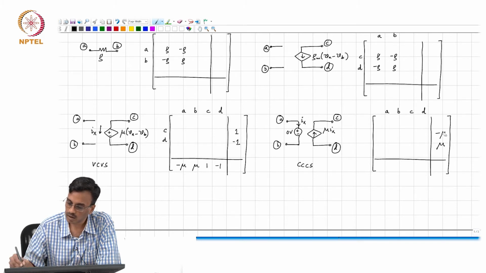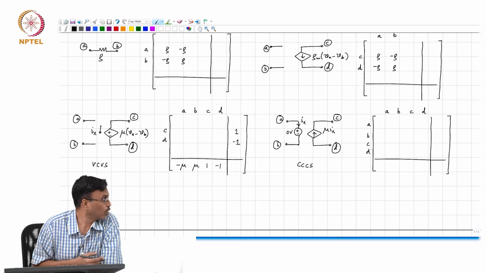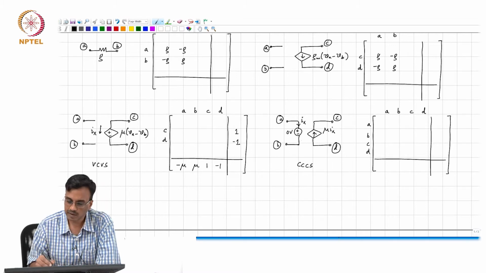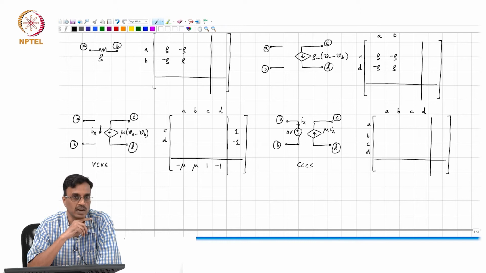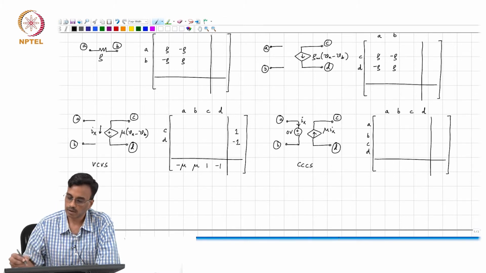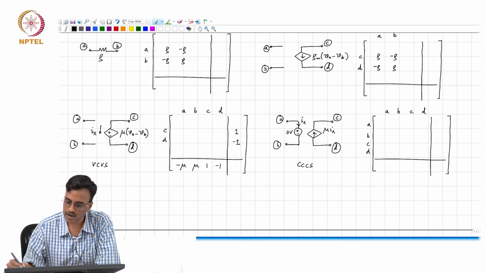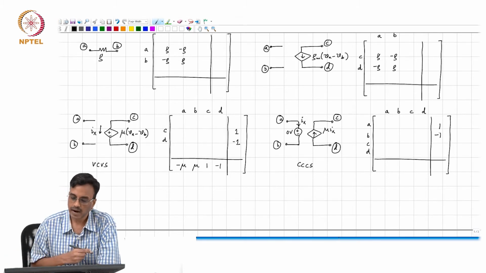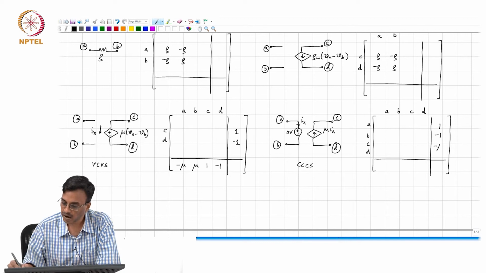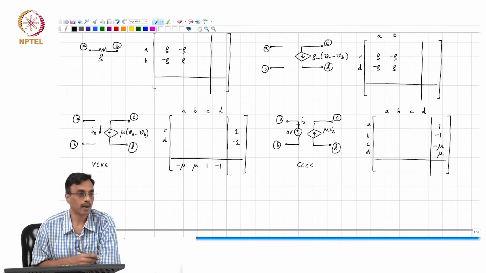In what all rows will you have entries? In all four, A, B, C and D, because there is Ix flowing out of node A and into node B, and mu times Ix flowing into node C and out of node D. So, in nodes A and B you will have 1 and minus 1, and in node C minus mu and plus mu.